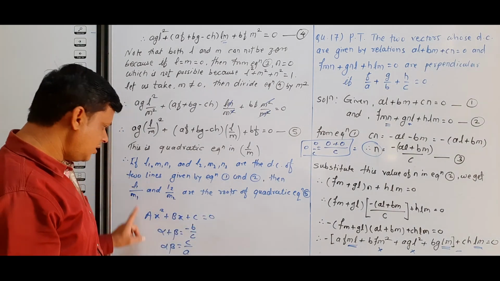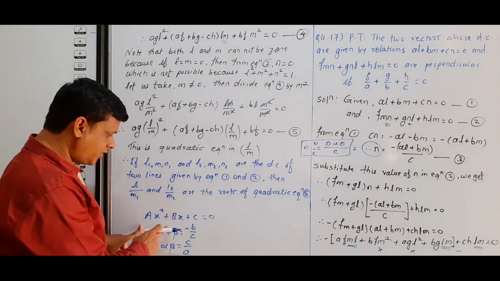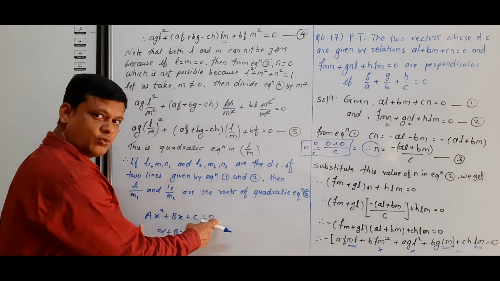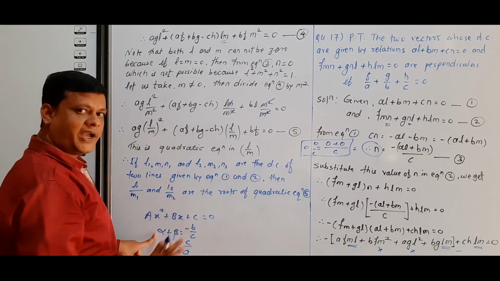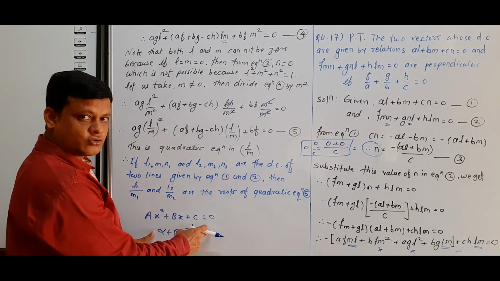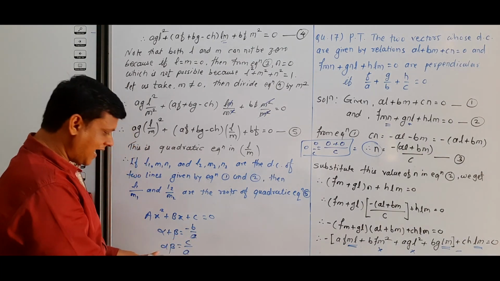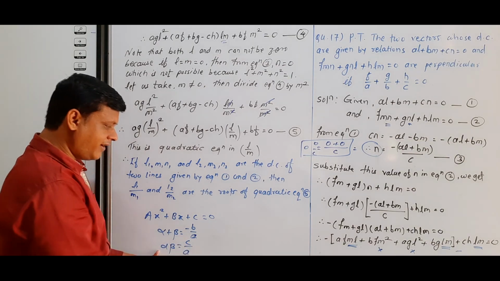We know that if the quadratic equation is ax square plus bx plus c equals to 0 and alpha and beta are the roots, then the sum of the roots is equal to minus b by a, and the product of the roots equals c by a.